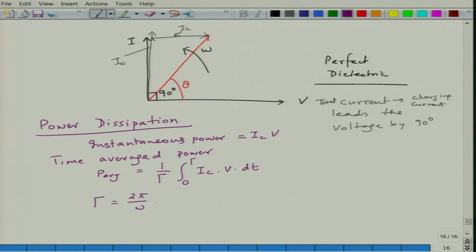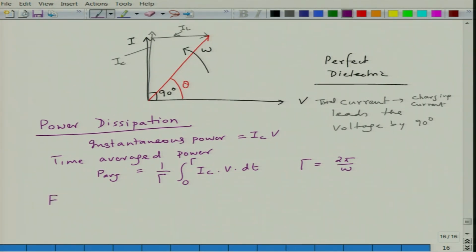Omega is the frequency of the applied field.